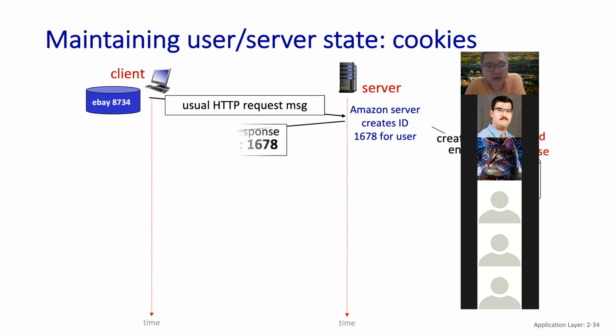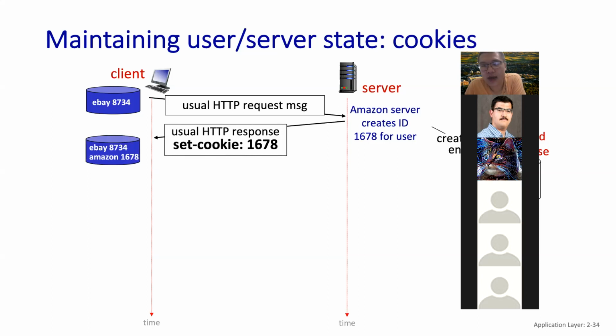After that, it sends the ID, or cookie, that the Amazon server created back to Susan, the client. And the client will know that, okay, my cookie, my ID for Amazon is 1678. But different servers, for example different e-commerce companies, have different cookie databases.